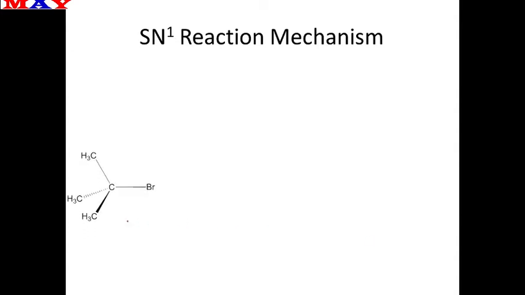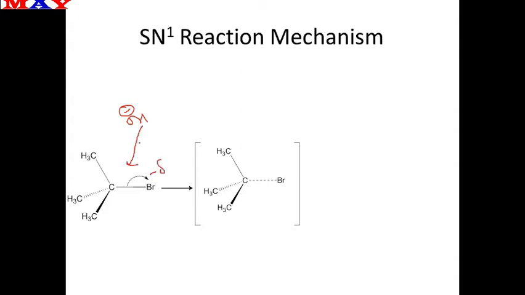So we have tertiary butyl bromide and we are reacting with OH minus. Now in this mechanism, OH minus has no role to play in the first step because bromine has minus charge. So from the front side, when OH tries to access the molecule, there will be a repulsion.